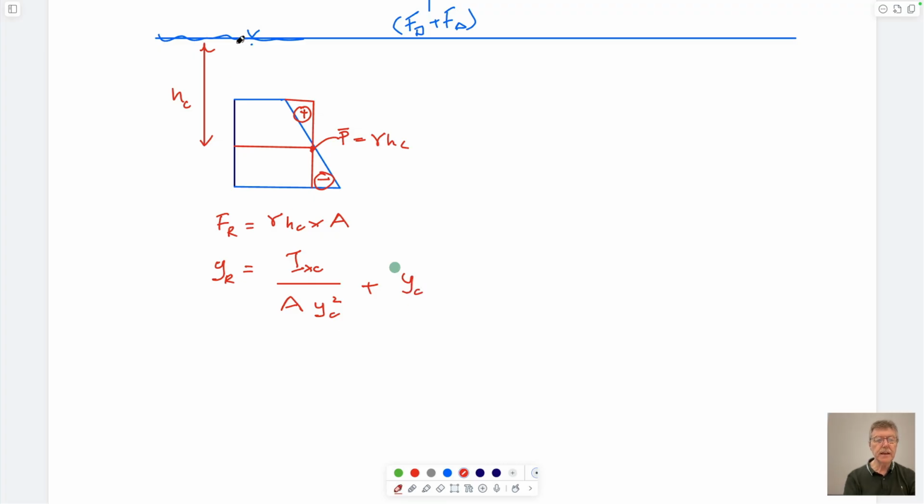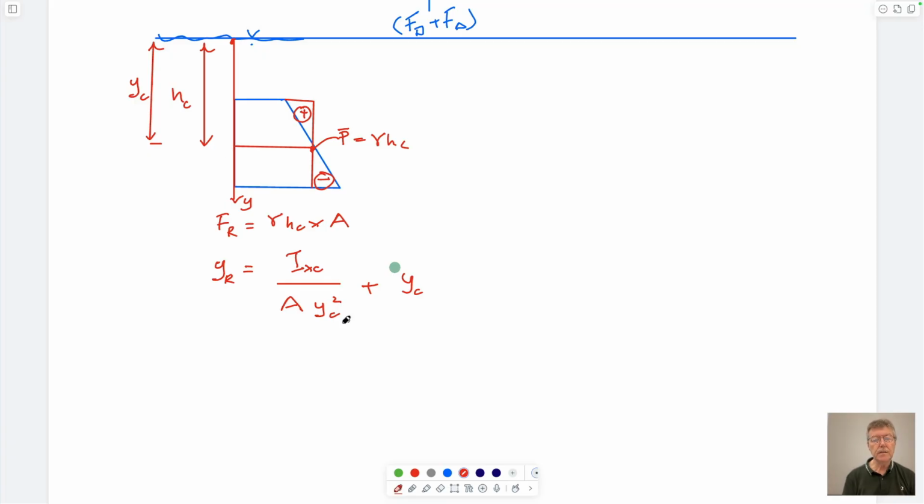In this particular case, the coordinate direction that we're using is this, and yc is this value. It's along the direction of this axis. If it was tilted, y would be inclined.